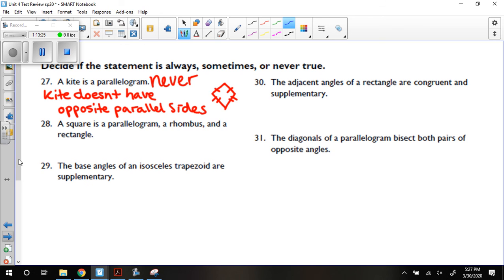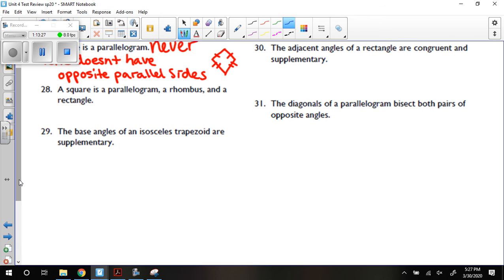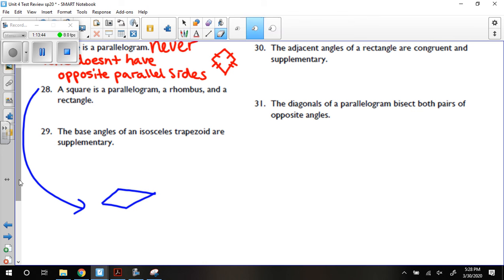All right, next one. A square is a parallelogram, a rhombus, and a rectangle. I'm going to remind you that in our notes, when we started talking about quadrilaterals, we had a picture. It started out with just a generic quadrilateral.